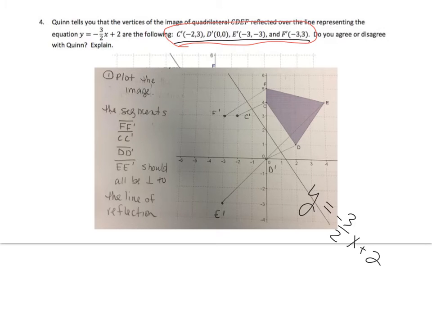And the segments made by F to F prime, C to C prime, E to E prime, and D to D prime, they're supposed to be perpendicular to this line of reflection. So if this is my line of reflection, each one of these is supposed to be perpendicular.